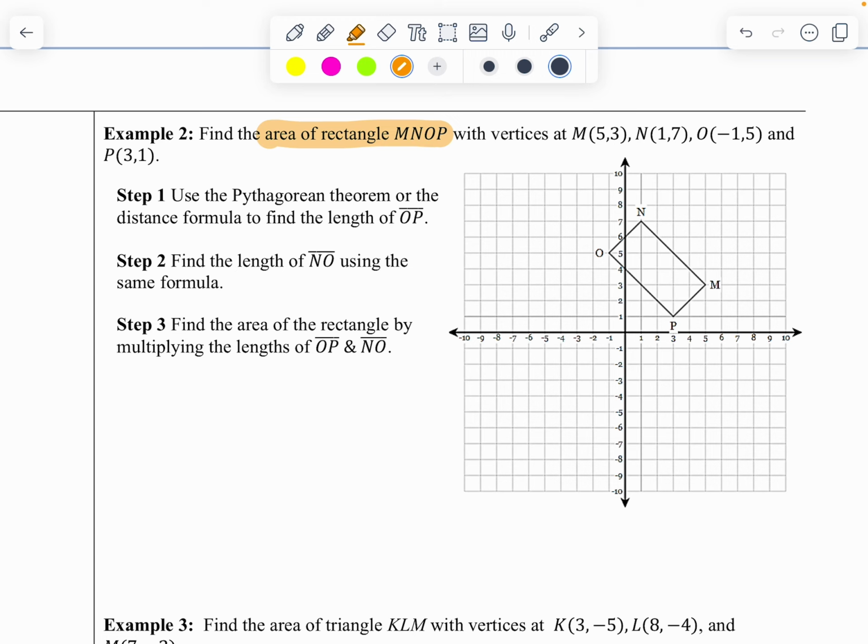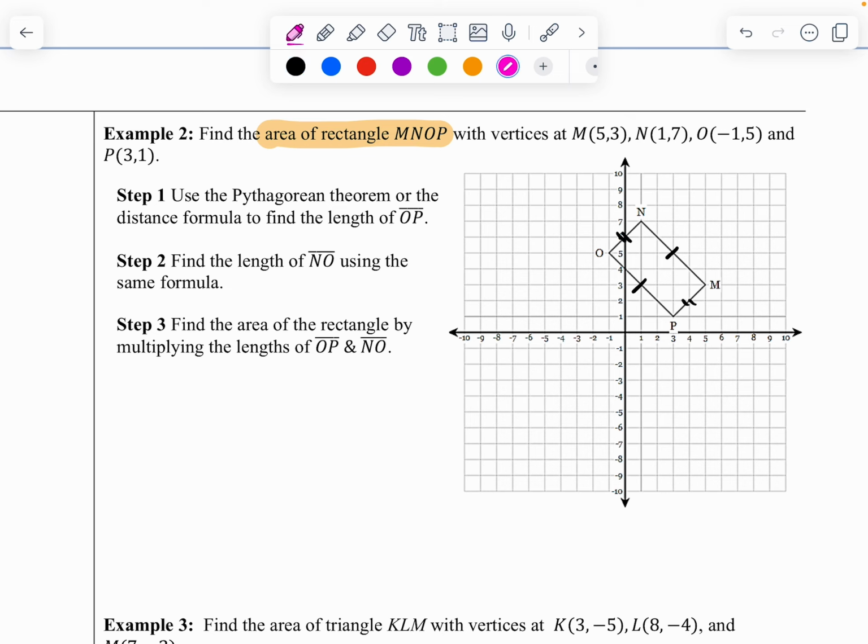I'm going to use the Pythagorean theorem to find the length of OP, which is right here, and then I'm going to find NO, both using the Pythagorean theorem. Because this is a rectangle, these two sides are congruent and these two sides are congruent.